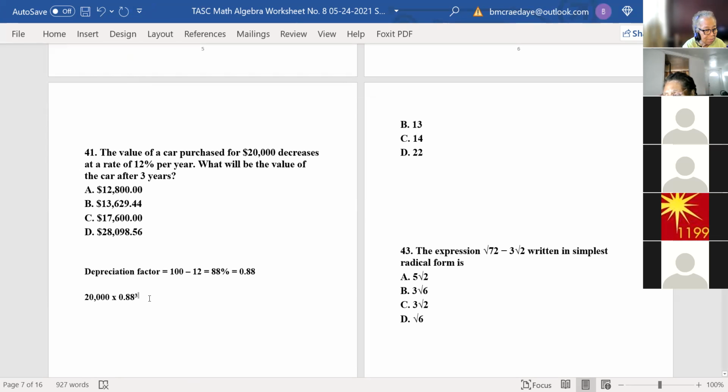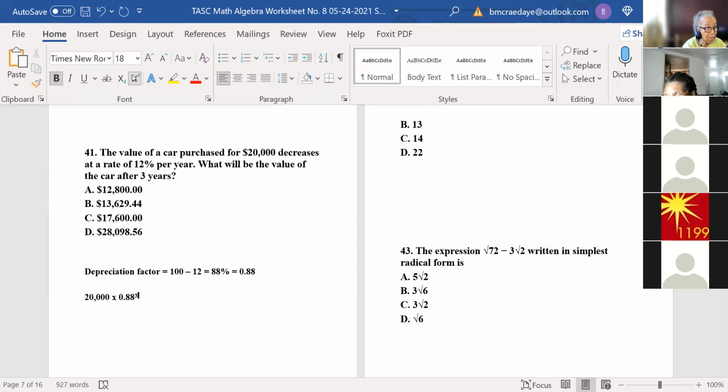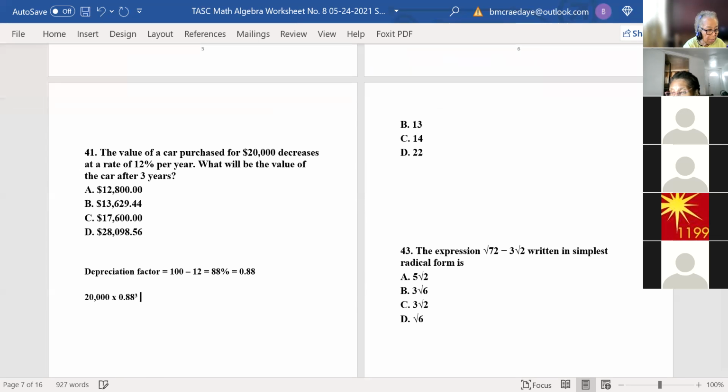And that's going to be equal to, let's see, I'm going to put that. Okay. And I want to put the number that I got for 0.88 to the third power. And that gives you 0.68147.